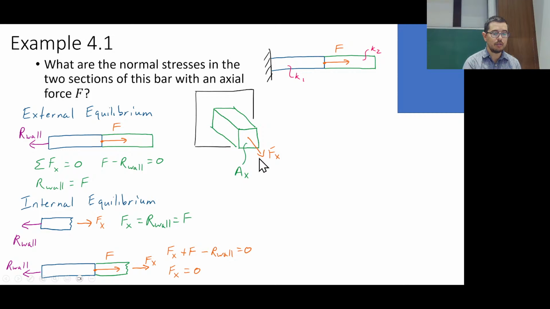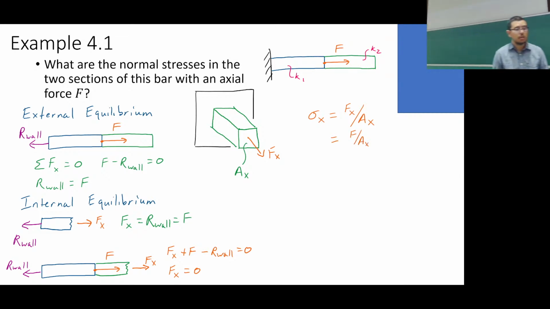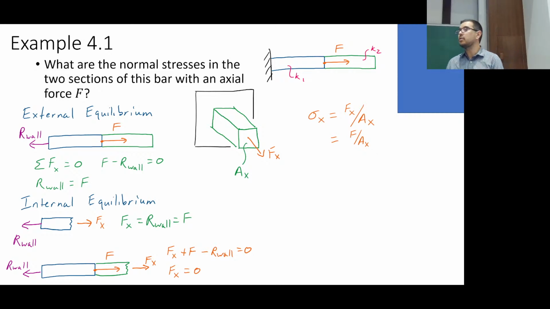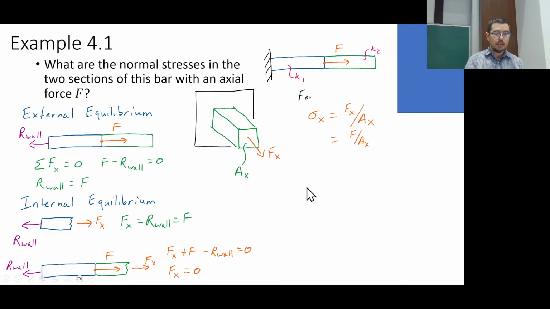We have Fx over Ax. So for this region, we can just say that the sigma x is equal to force over the cross-sectional area. Okay. Any questions on that? Pretty straightforward. And we'll call that region 1.